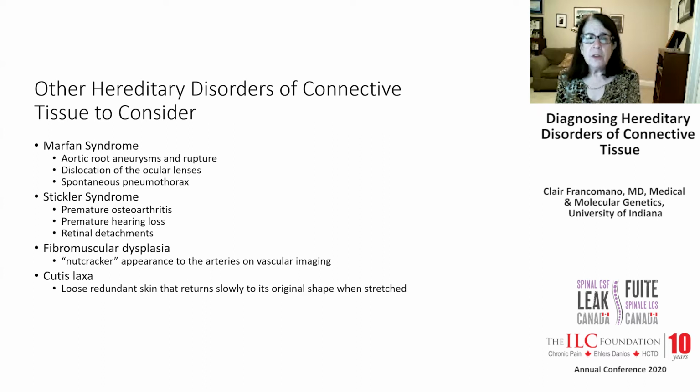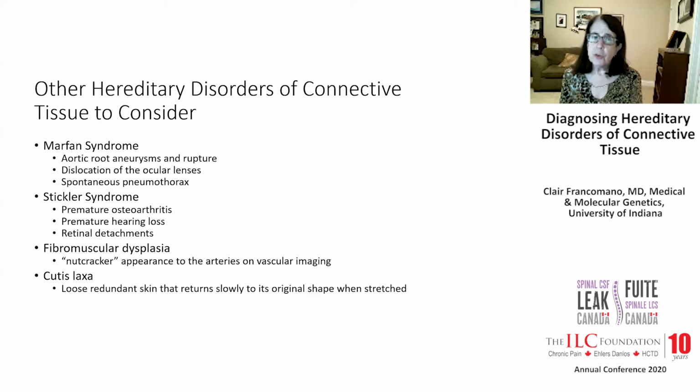But really, the ones that I would want to consider in a differential are Marfan syndrome, Stickler syndrome, fibromuscular dysplasia, and cutis laxa. And I asked about these features both in the personal history for my patient, but also in their family history.